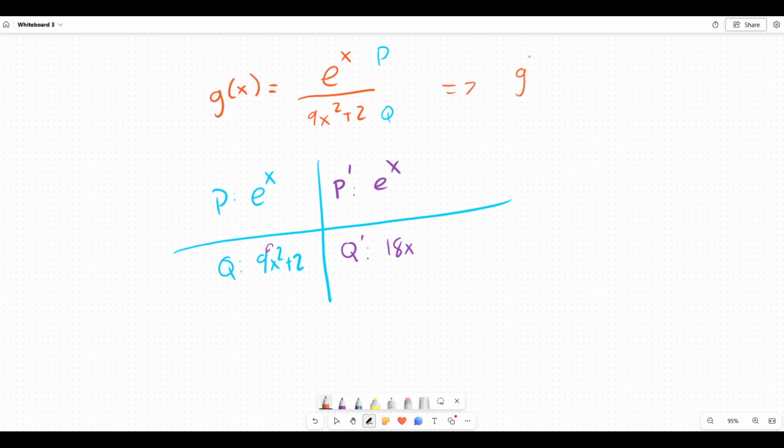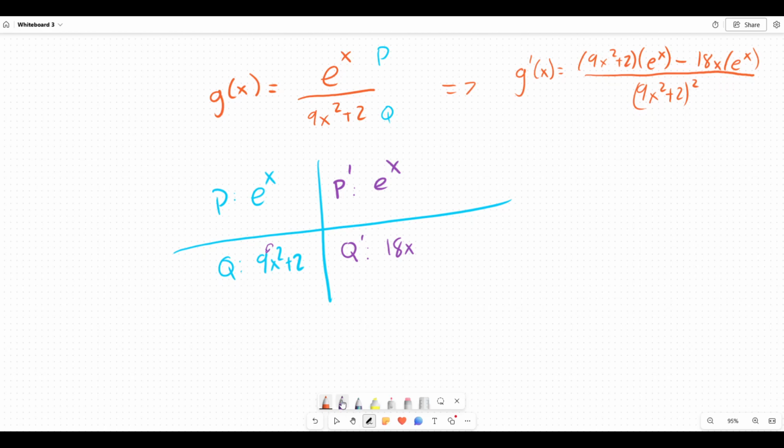So, as a reminder, what does that make g prime of x? Remember, bottom times the derivative of the top minus the derivative of the bottom times the top, all divided by the bottom squared. And unfortunately, there really is no simplification that I can do.